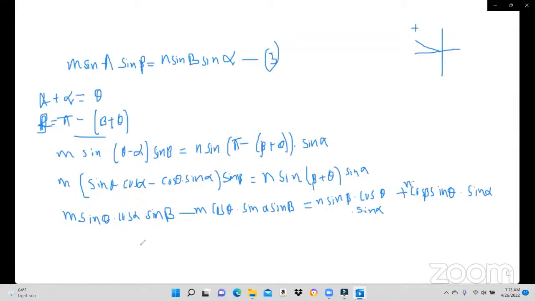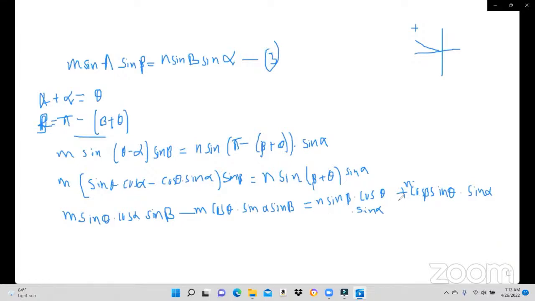Then here also n. Right. Okay. Then what you can see? Now we have to get something called cot. To get cot, it is cos divided by sine. You can see sine theta, cos alpha, sine beta, all the same things are available.